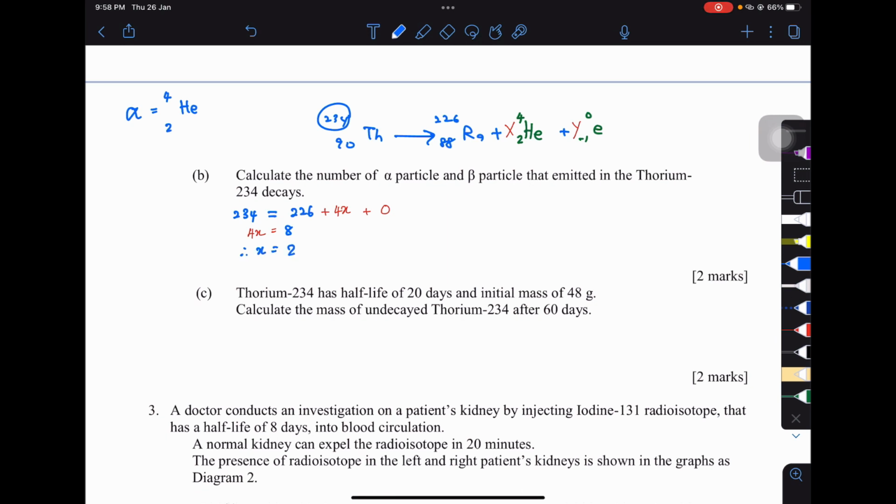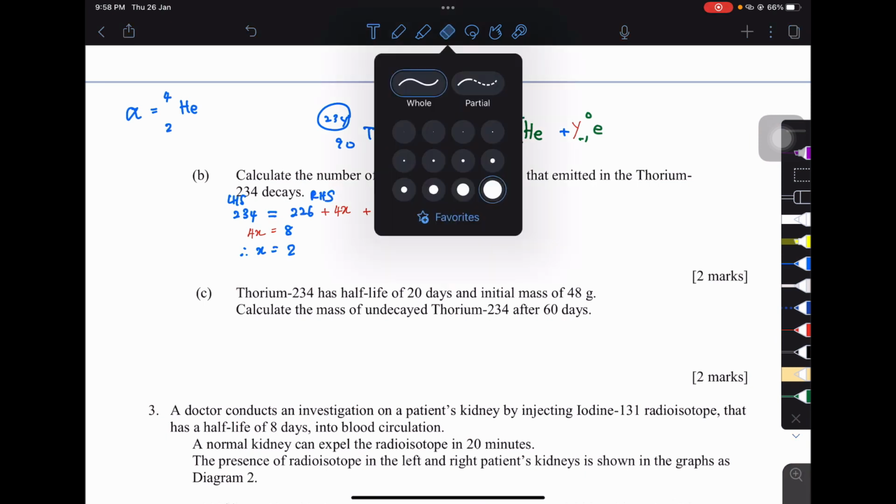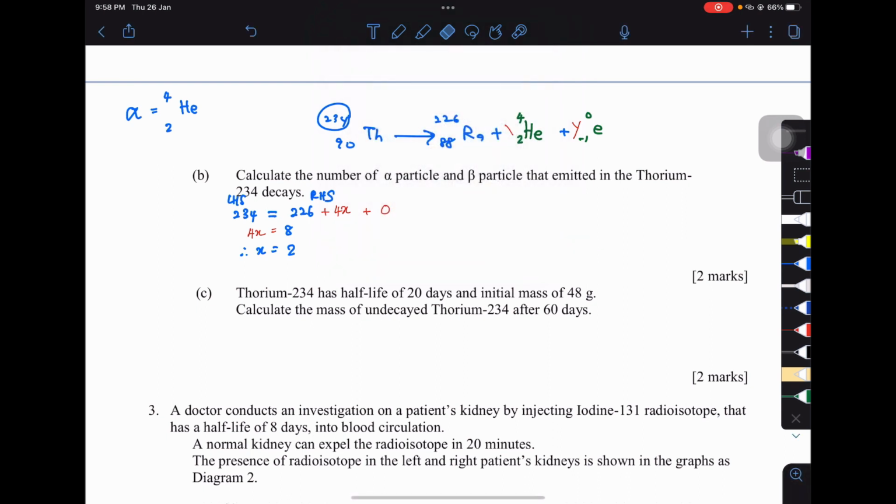This is on the left hand side, this is on the right hand side. So X is 2. Next, we do the same, and now we want to know what Y is. The only thing we need to look at is the proton part, because this one is already 0, so that doesn't help.